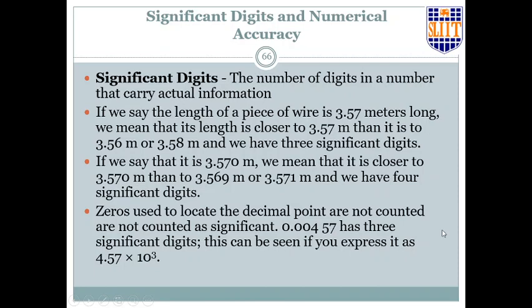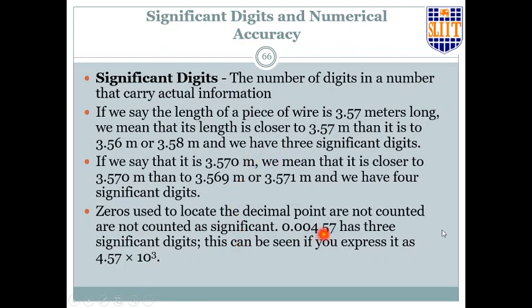You can't read anything beyond that. You can't go to accuracy of 5 numbers, 6 numbers, no. Only 4 different numbers can be read. Right? So significant digits is the number of meaningful digits in a number. So in this case it is 3. Right? And in this case it is 4.